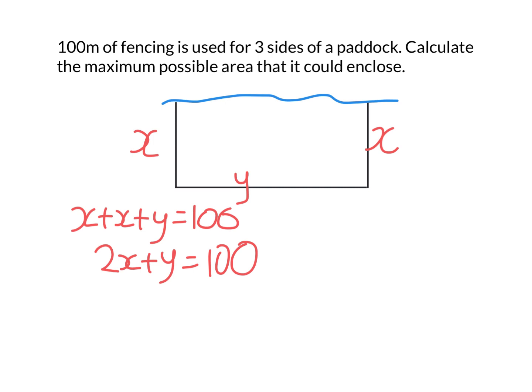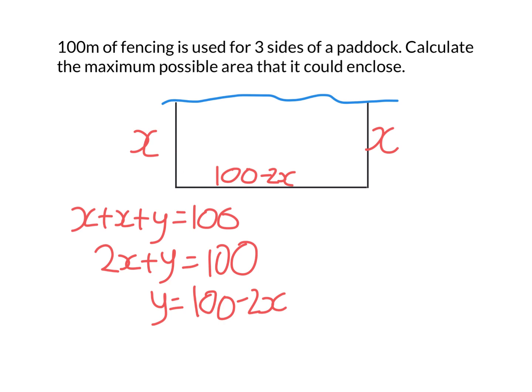We only want a quadratic equation with x's. So we want to get y by itself in terms of x. We can just subtract 2x from both sides. So this side here, we're going to update it. It will be 100 minus 2x. Basically, this side here is just 100 minus that side minus that side.